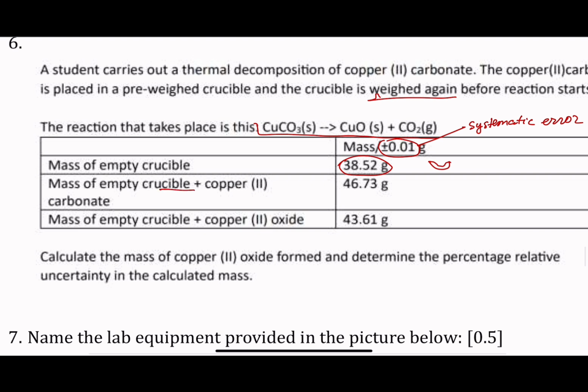Now the mass of empty crucible and copper 2 carbonate is 46.73. The mass of empty crucible and copper 2 oxide is 43.61.